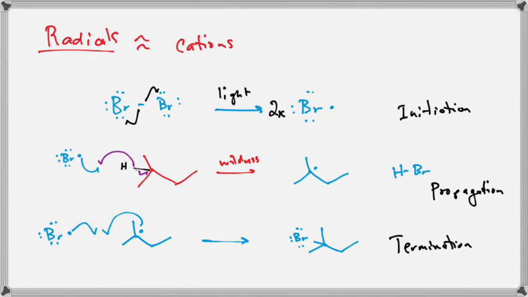Elemental bromine. So instead of being a propagation where our radical encounters another radical, we're more likely to see this scenario, where this is no longer a termination, but now a propagation. Because I still have bromine radical floating around. What's the most likely thing for that bromine radical to encounter?